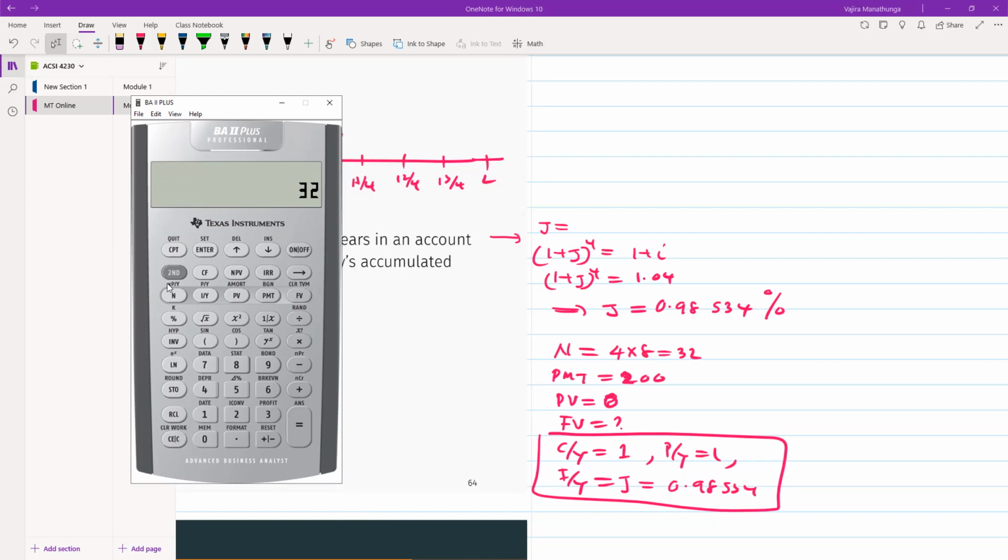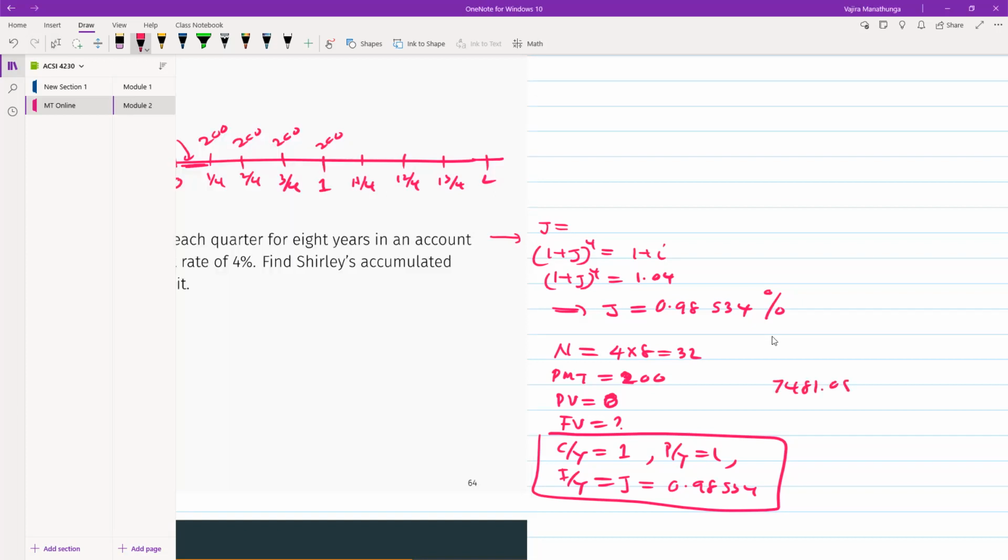So 32 payments, 200 the payment size, 0 present value, 0.98534. Payment per year is 1. Compounding per year is 1. Second quit and compute future value: 7,481.05. That's the future value.